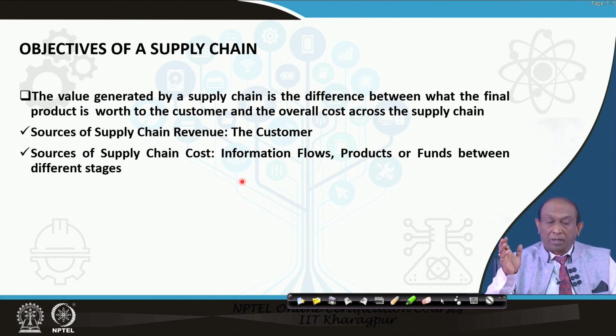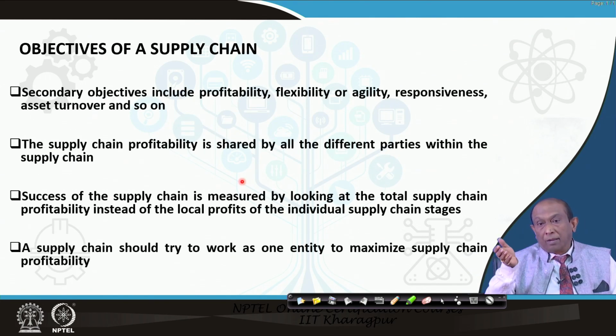And please remember that the only source of supply chain revenue is the customer, and the sources of supply chain costs are due to management of these information flows, products or funds between different stages. Now, there are certain derived objectives from these primary objectives.